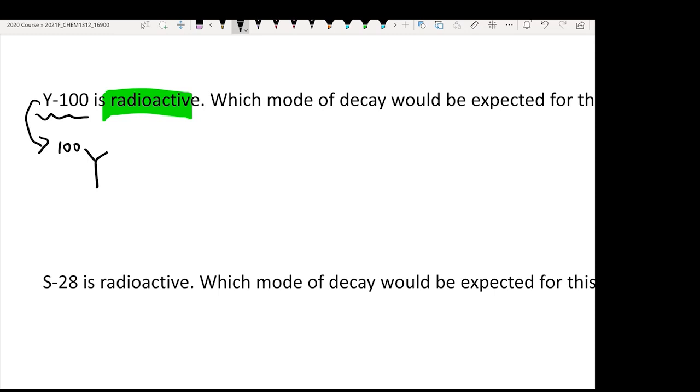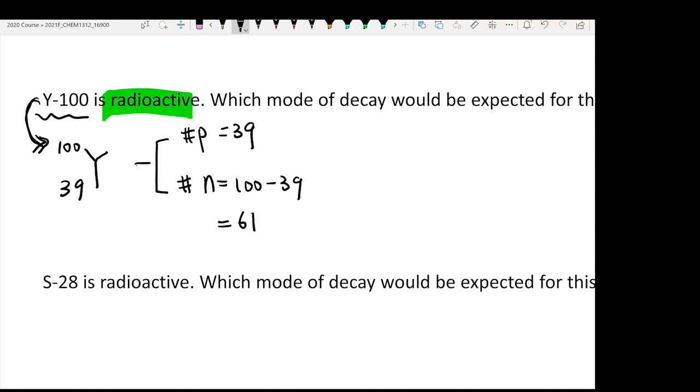So you're going to use your periodic table to find out the atomic number of Y. If you look at this carefully, you'll realize the atomic number is 39. So the number of protons equals 39. Number of neutrons equals your mass number minus your proton number. That's going to give you a number of 61.